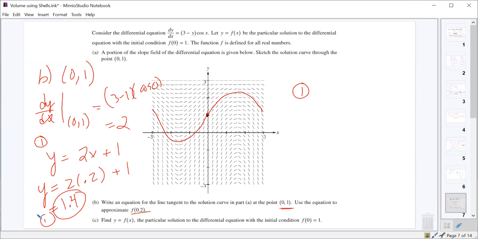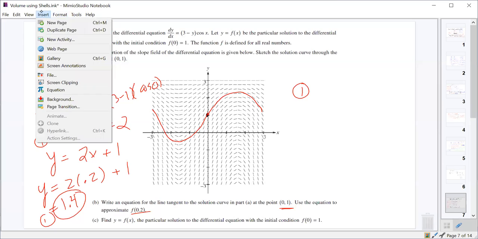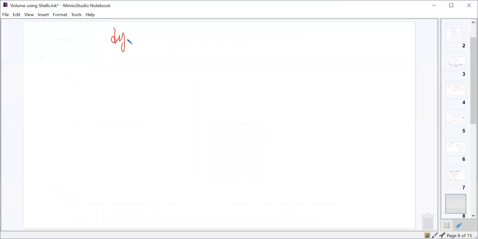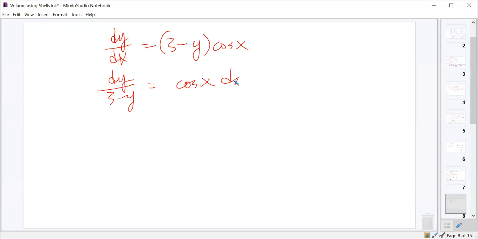So 3 points for parts A and B, leaving you with 6 points for part C. A lot of points for part C. So if we're going to solve that differential equation, 3 minus y times cosine x, what do we need to do first? Step 1 is separate the variables. dy over 3 minus y equals cosine x dx.